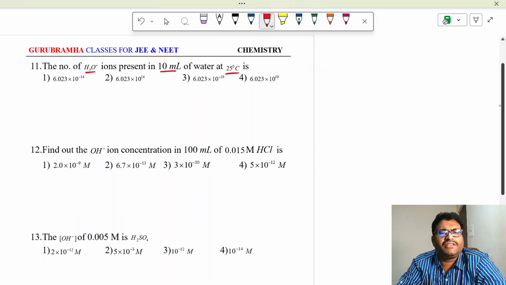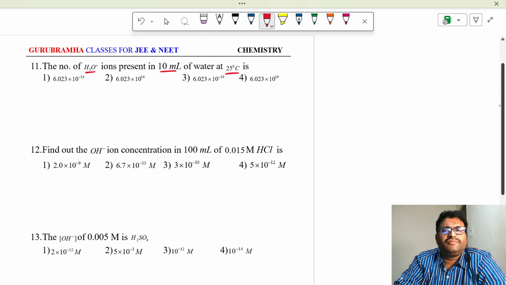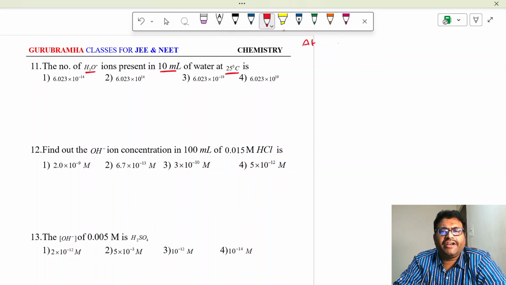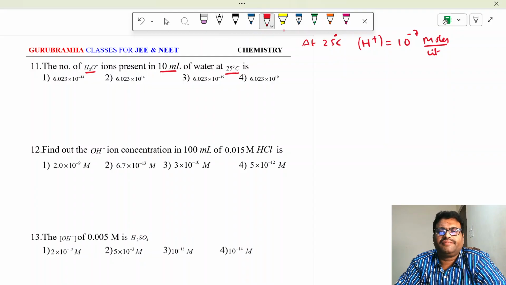So first of all, we know that at 25 degrees centigrade, H plus ion concentration is equal to 10 power minus 7 moles per liter. Moles in 1 liter. But here it is asked for 10 ml. In another way, it is also called molar.